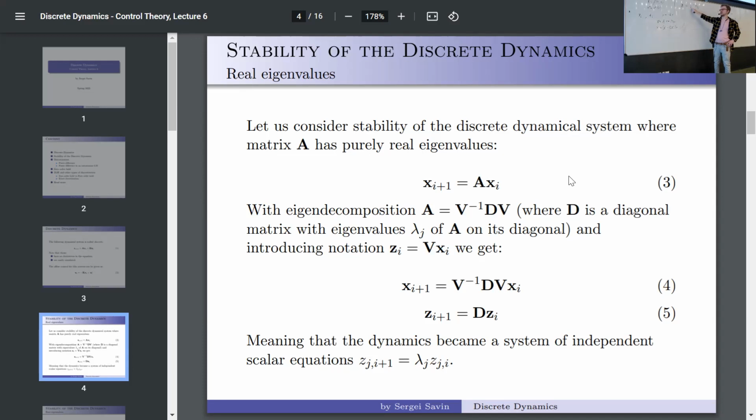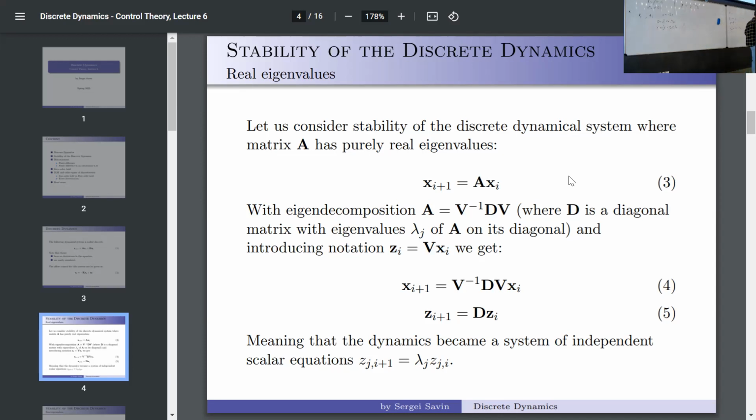It would also have, I believe, some additional requirements. So we're just assuming a special case where you can decompose A in this format, where D is a diagonal matrix of real eigenvalues and V are eigenbases.